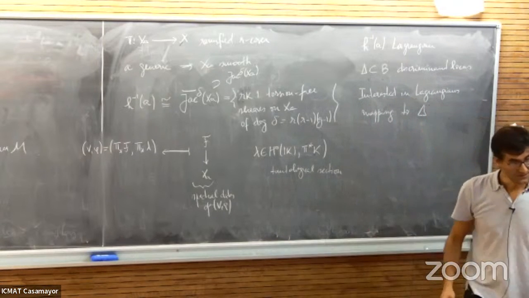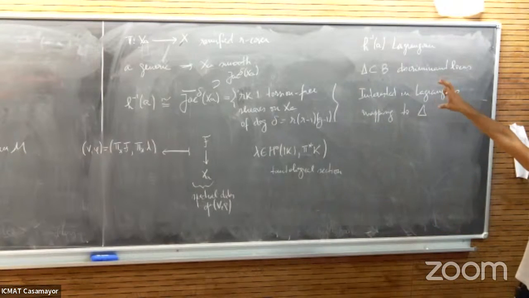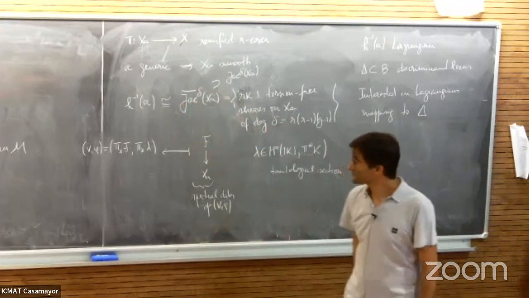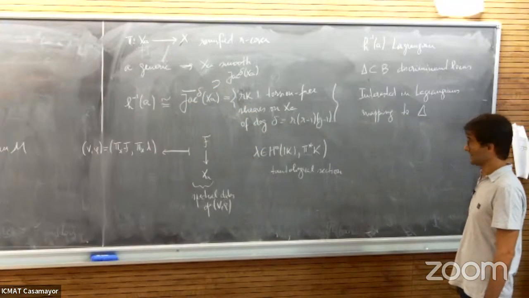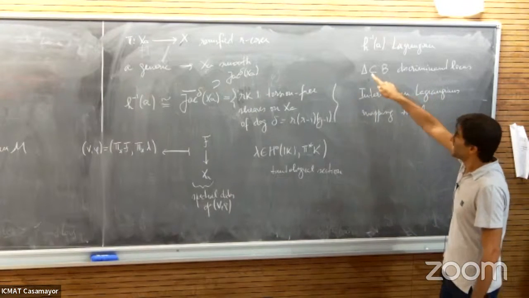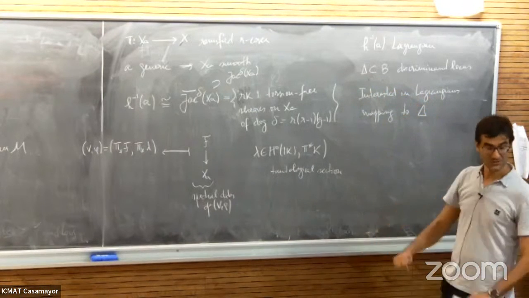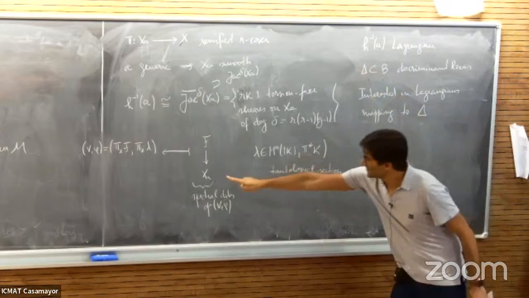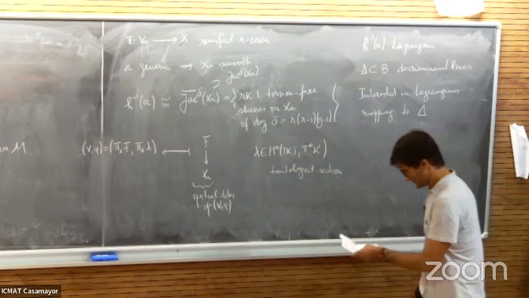So there is a lot of interest in Lagrangians of M for various reasons. One of them is mirror symmetry. I'll try to say some words about that in the end. But we are interested in those which map to the singular locus, so are all contained in the singular spectral curves.